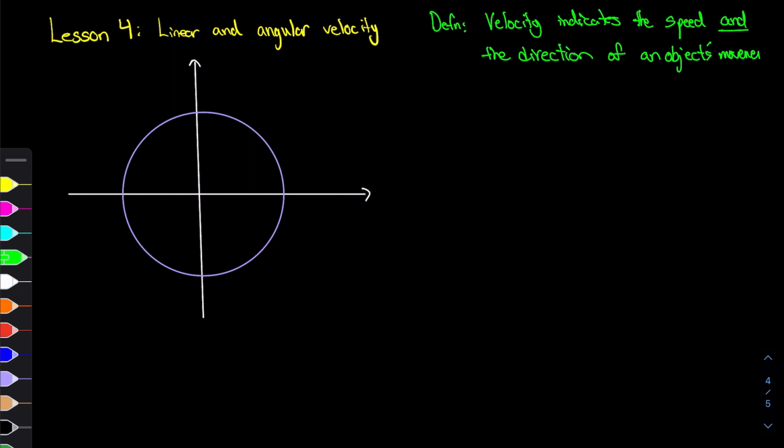In 3D, I have to tell you what direction I'm going. If I just tell you I'm driving 5 miles an hour, but I don't tell you if I'm going left, right, up, down, sideways, whatever, that's pretty useless information.